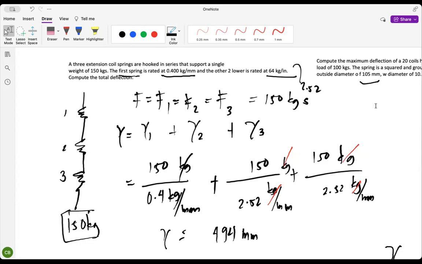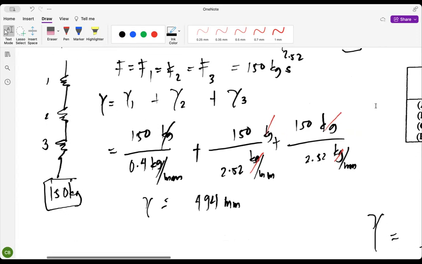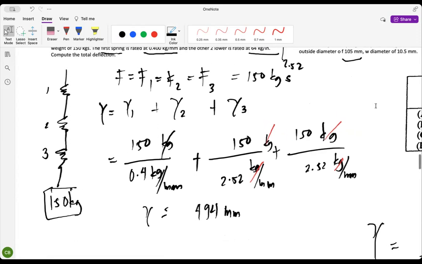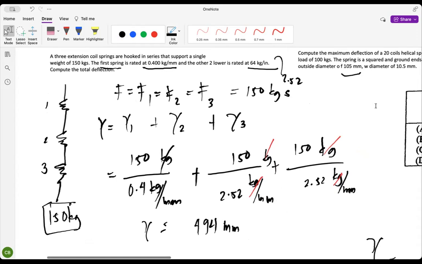Compute the total deflection. In series, the force is the same. If it is in parallel, the deflection is equal. So that is the difference between springs in parallel and springs in series.